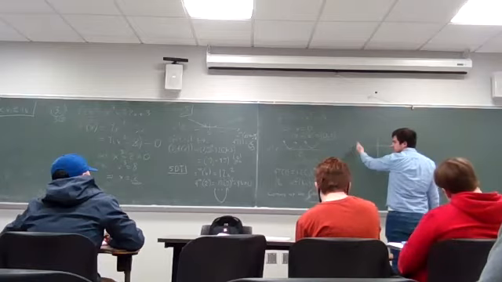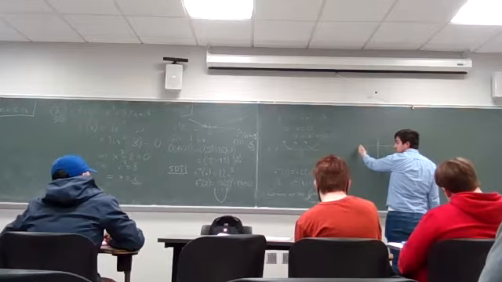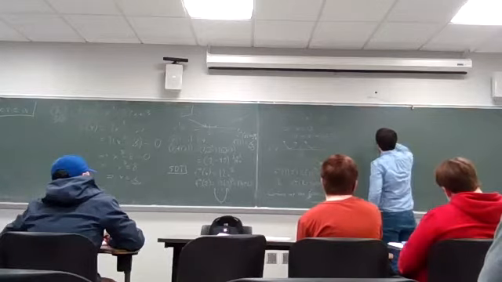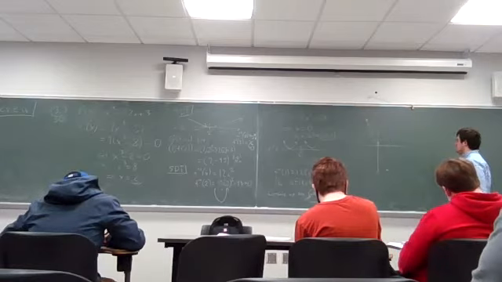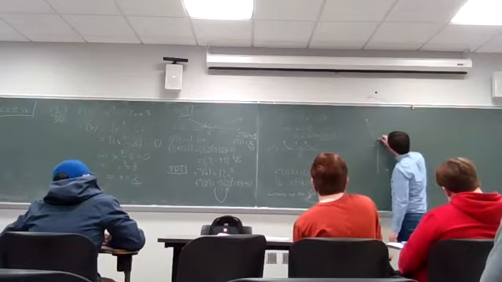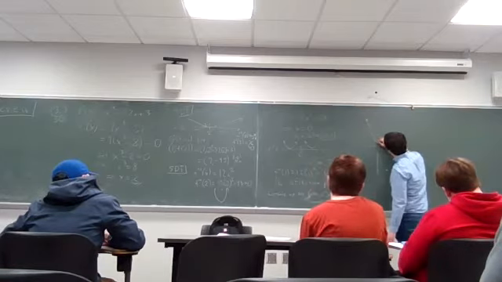To the left of 0, am I increasing or decreasing? Decreasing. Am I concave up or concave down? Concave up. Good. So I'm going to have something that looks maybe like that.